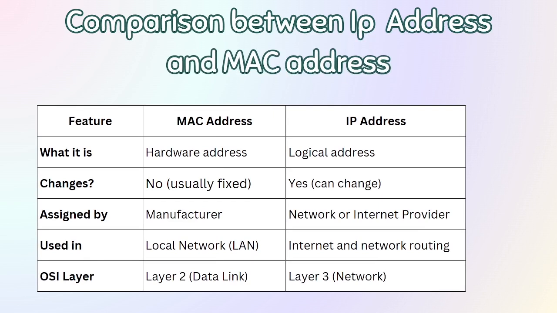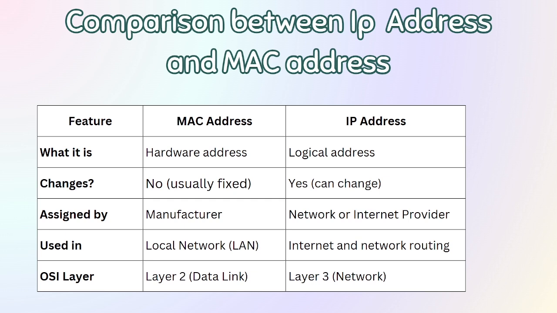Let's make a comparison. According to what it is, a MAC address is a hardware address, while an IP address is a logical address. A MAC address cannot change as it is fixed, while an IP address can change depending on the network.